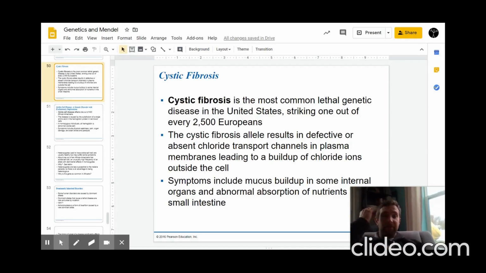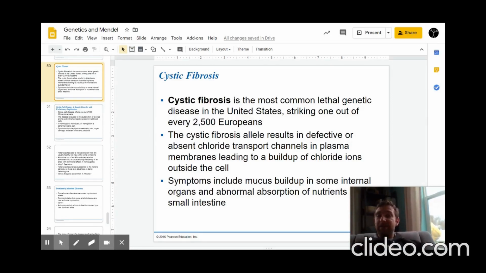Recently, these people can live longer into their 40s and 50s with medicine, antibiotics, surgeries, and some pretty cool gene therapy that's being done right now, where they can actually modify the badly made proteins by editing some of the genes within these adults. So there's some cool biotech involved with this.